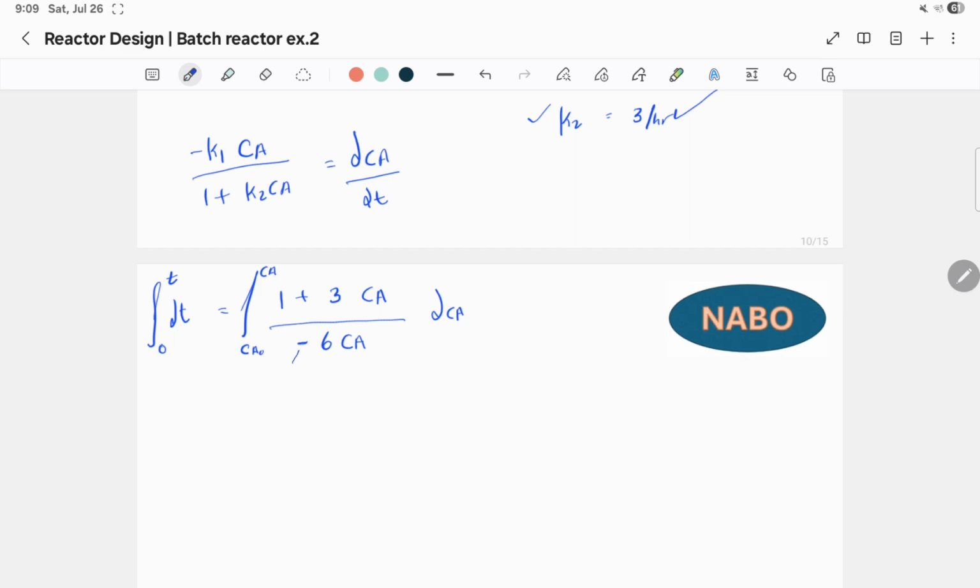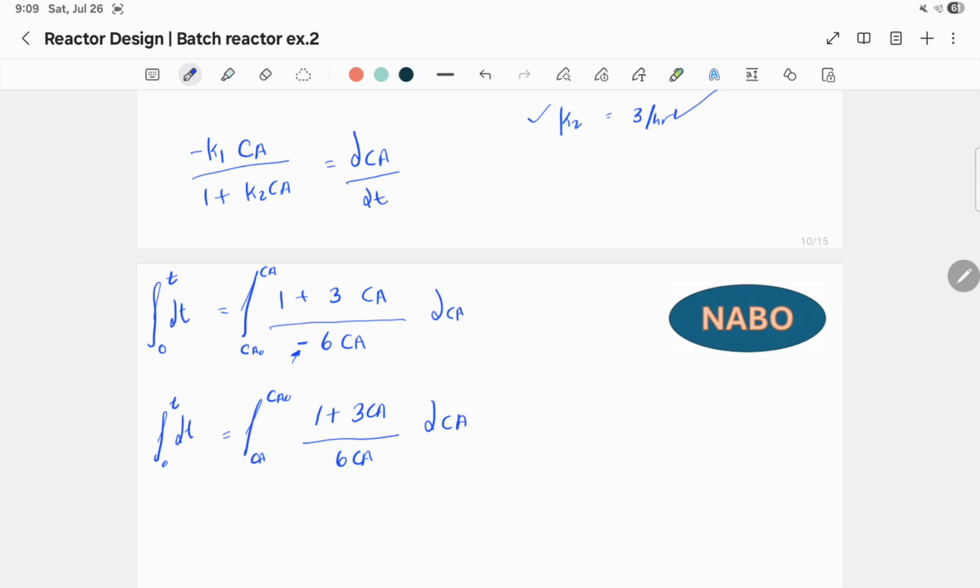Now we can use this negative to switch the limits, which will look something like this: the integral of dt with limits from 0 to t equals the integral from Ca to Ca naught, the initial concentration, of 1 plus 3Ca over 6Ca dCa.